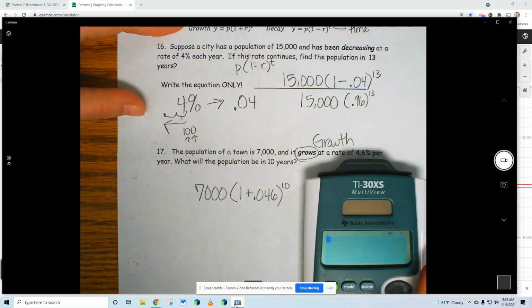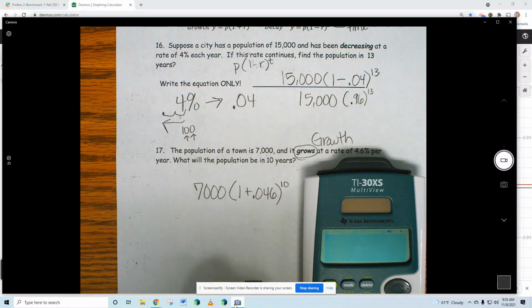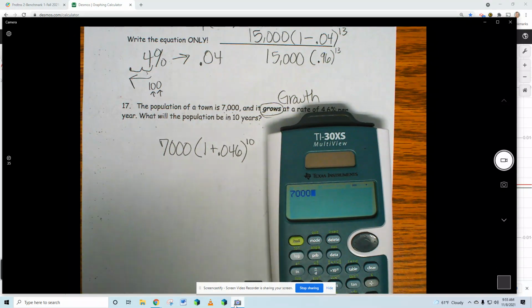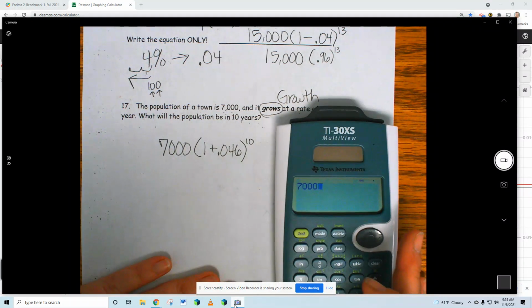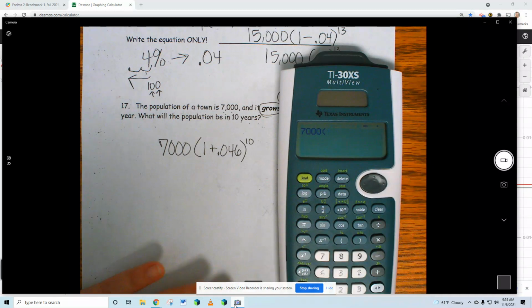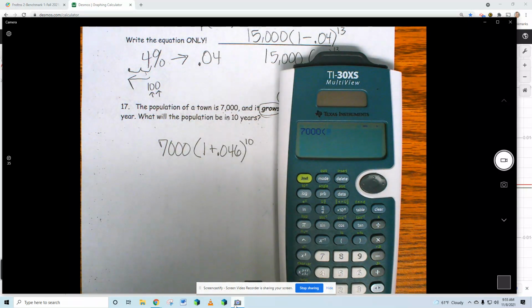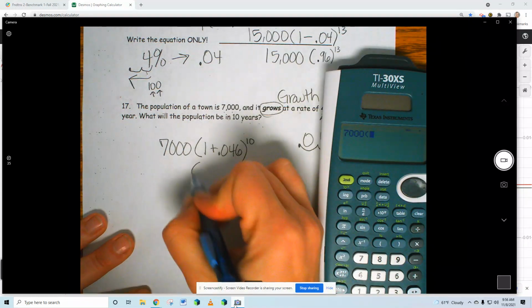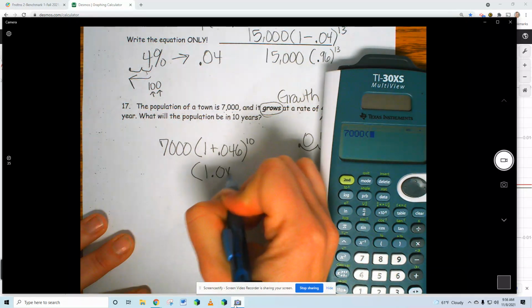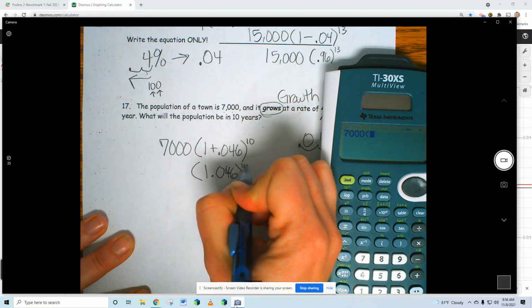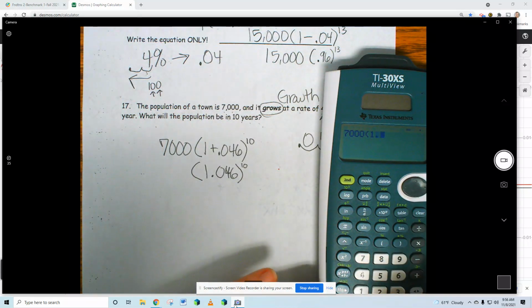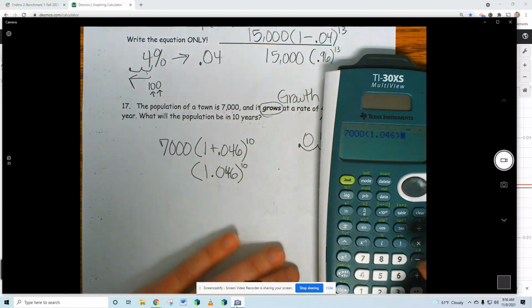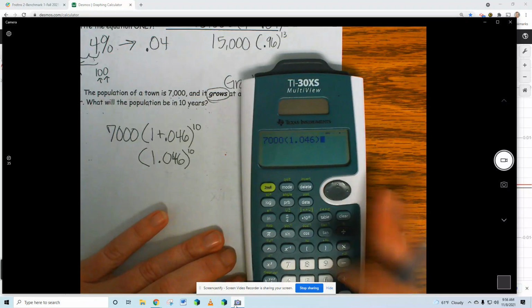Okay, let's do it. 7,000. Put 7,000 in your calculator. Then put the parentheses. Well, you can. So I need to know that this is 1.046 to the 10th. Our calculators can do it. You remember the caret symbol?